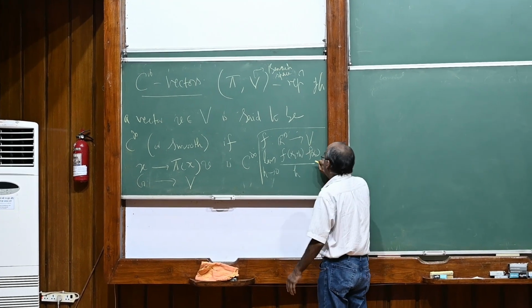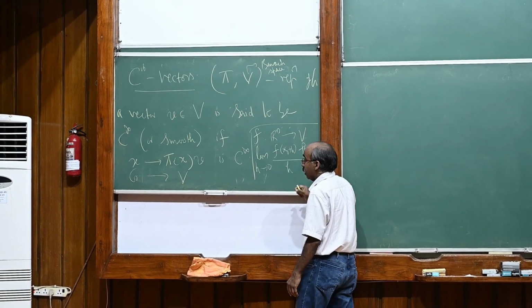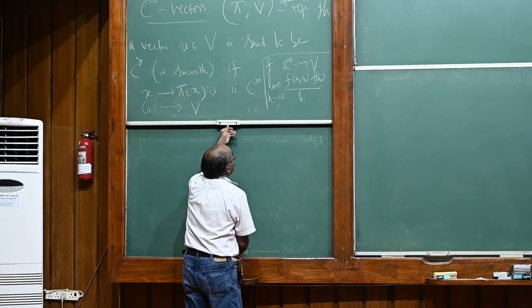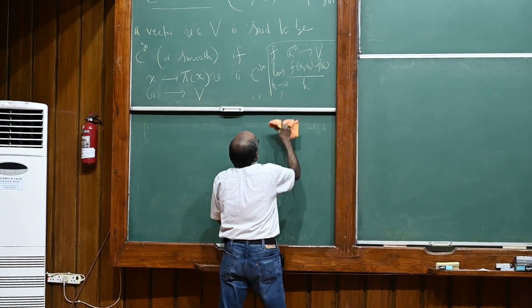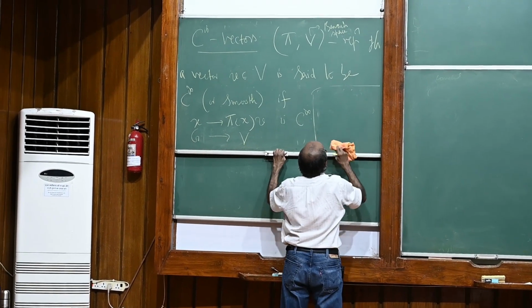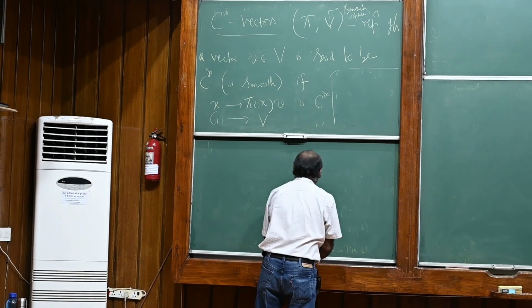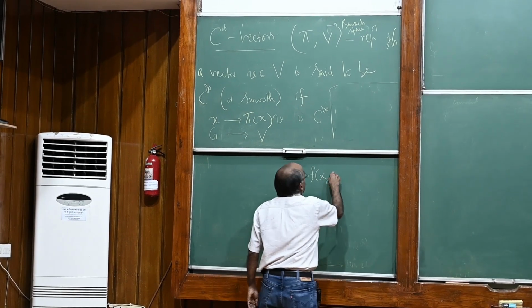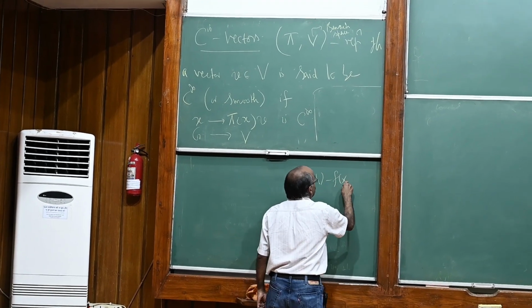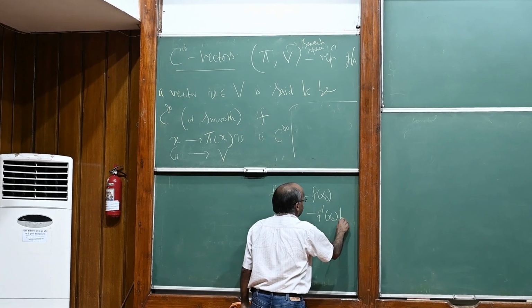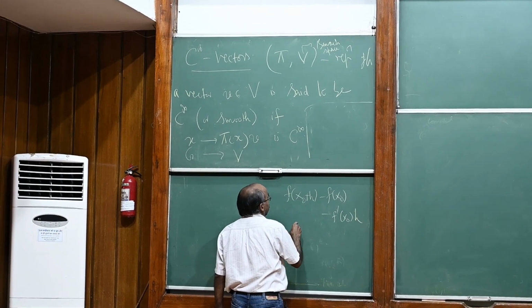But then you do the usual thing, right? Just like you do this in several variables, you have a linear map such that f of x naught plus h minus f of x naught minus f prime x naught acting on h, divided by the norm of h, goes to 0.